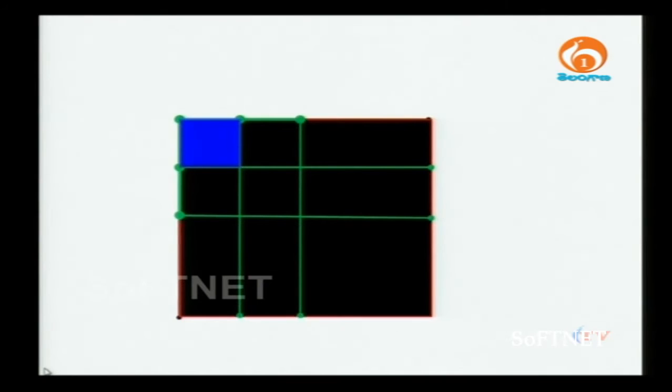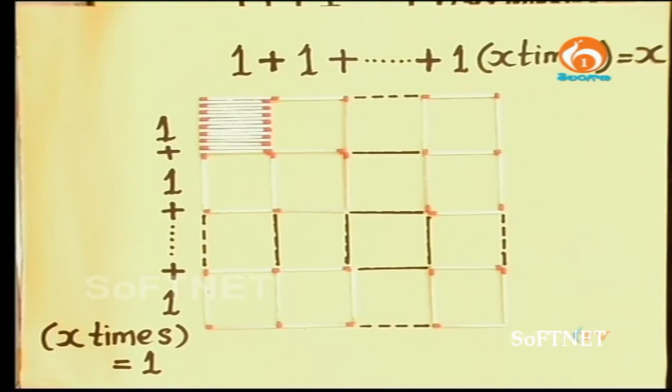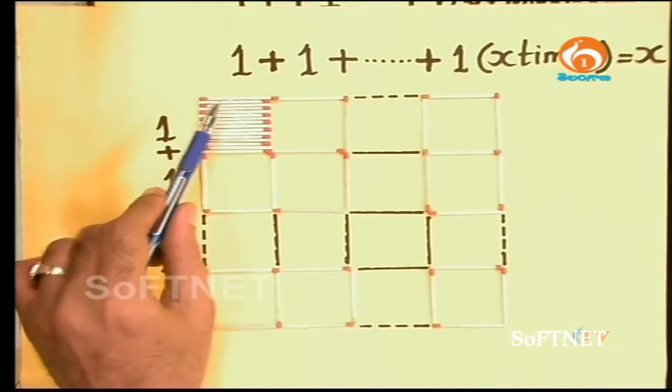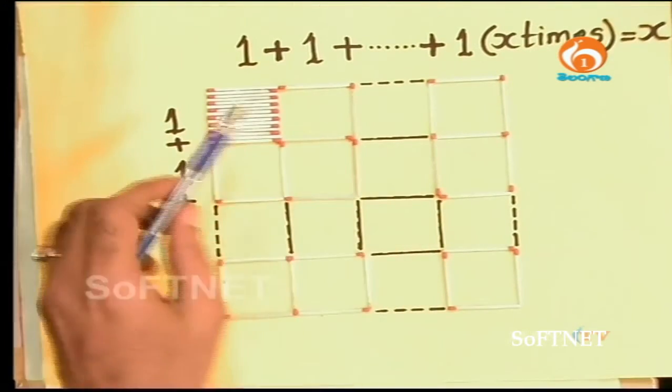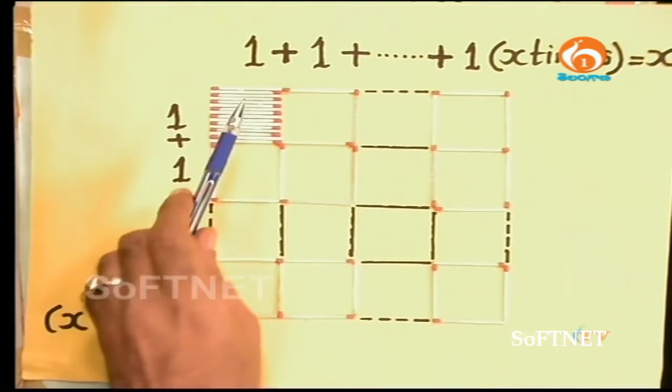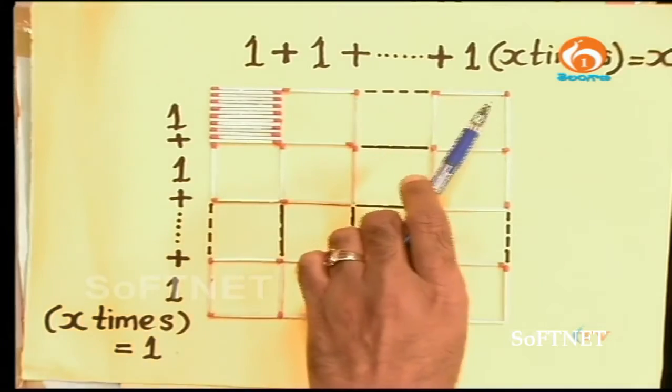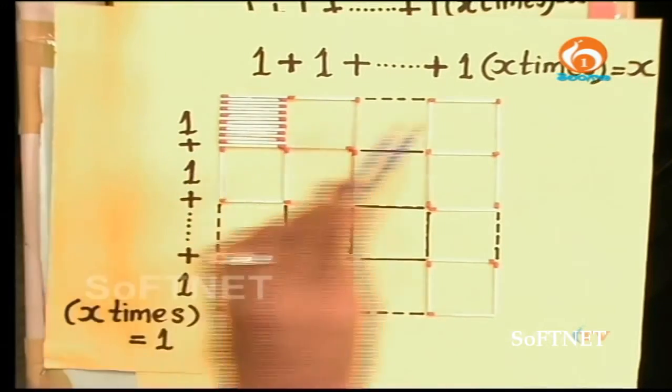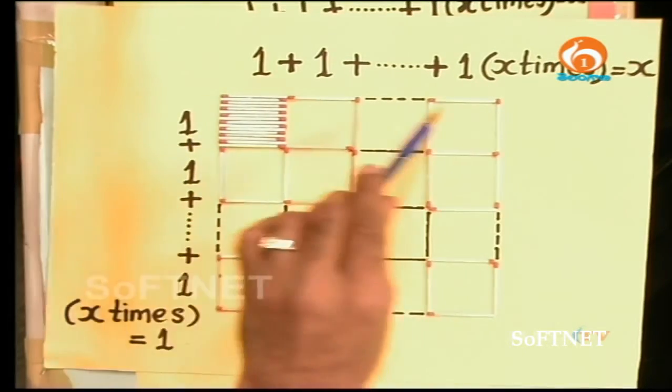Okay. Now, on the other hand, here we can observe that a line segment of length x units is arranged. This is 1 plus 1 plus etc. 1. So, the length of this line segment is x units.